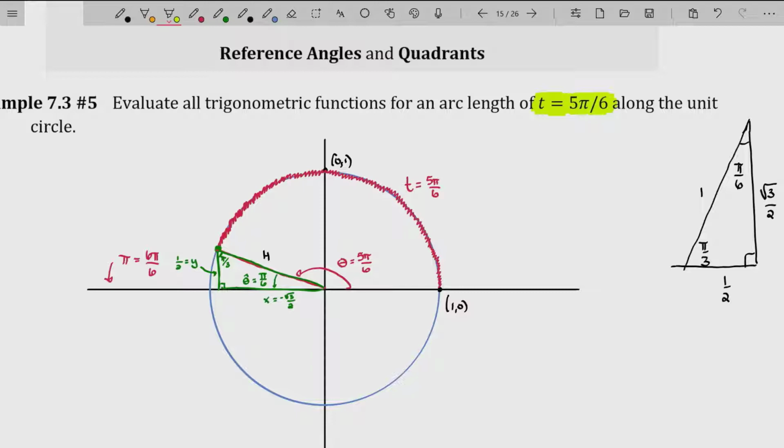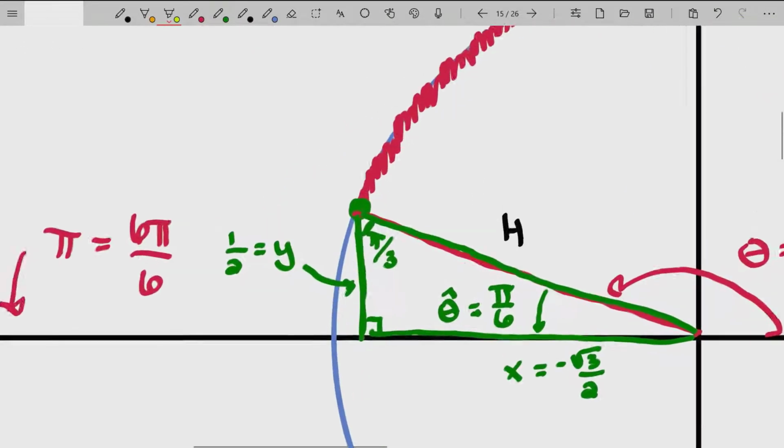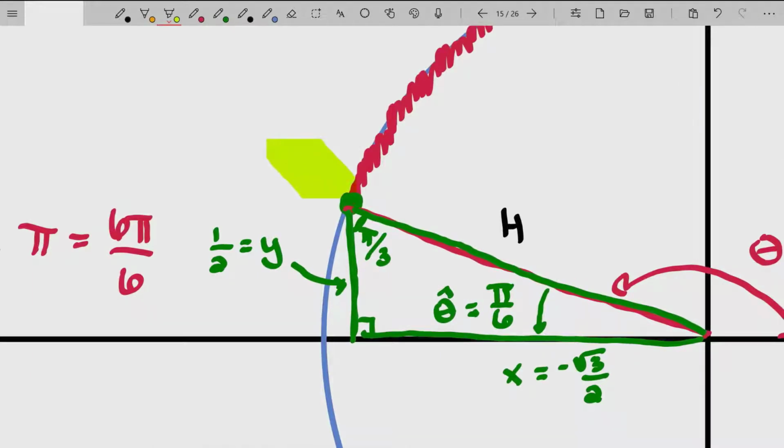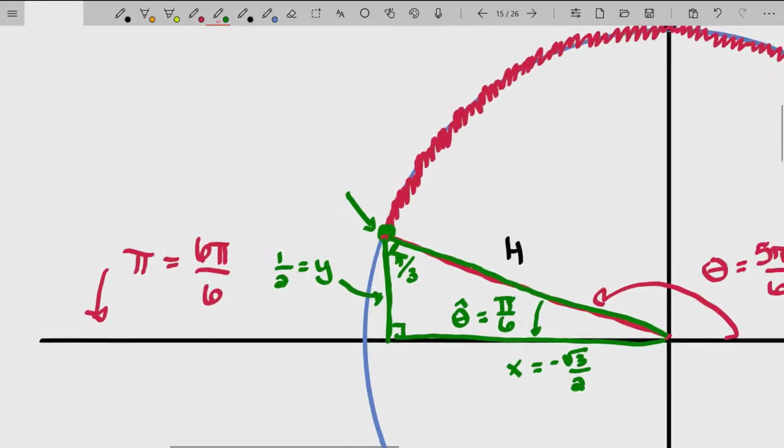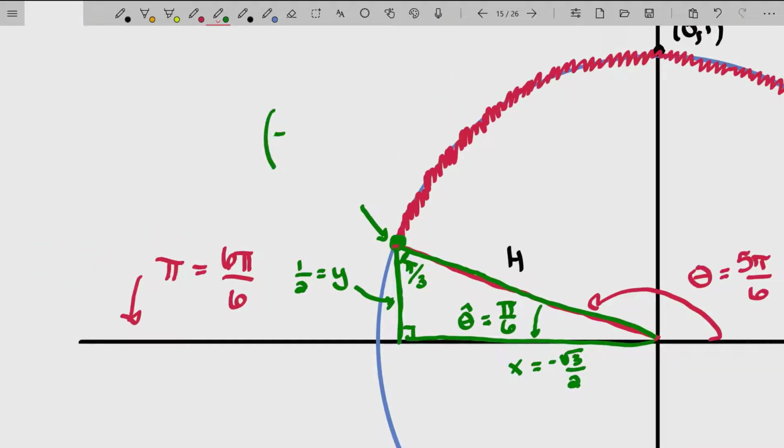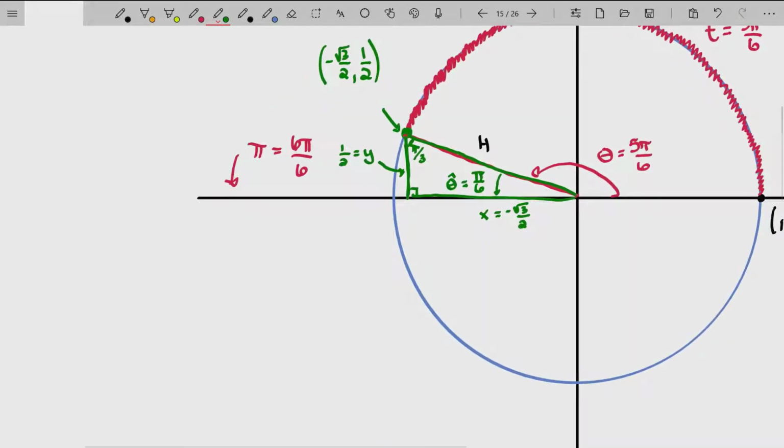However, because we know what the reference angle is, pi over 6, we could draw a right triangle and pi over 6 will fit nicely in there, and we can find the trig ratios from that. So now I can just say, great, that terminal point right there has an x value of negative root 3 over 2 and a y value of 1/2. Now I can state all the trig ratios.